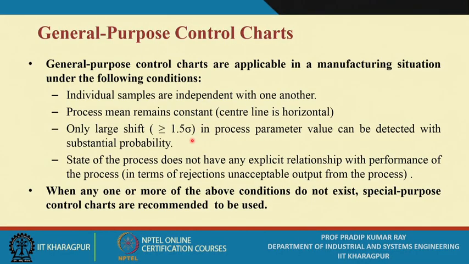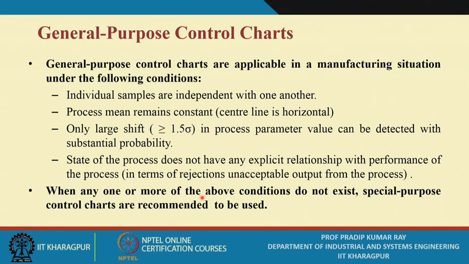Whenever you use a control chart, there is no explicit relationship between the state of the process, that means whether it's in control or out of control, and the performance of the process. In other words, we may assume that the process is in control. It doesn't necessarily mean that you will not be producing unacceptable output.